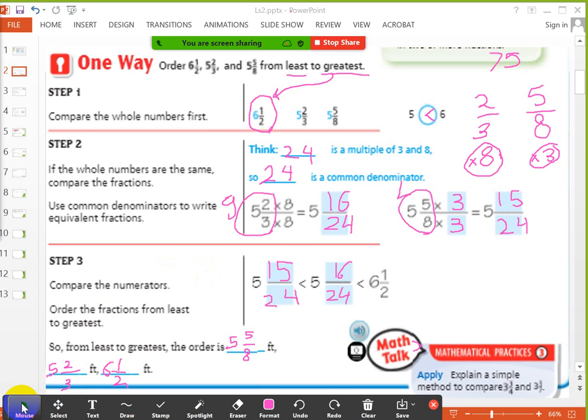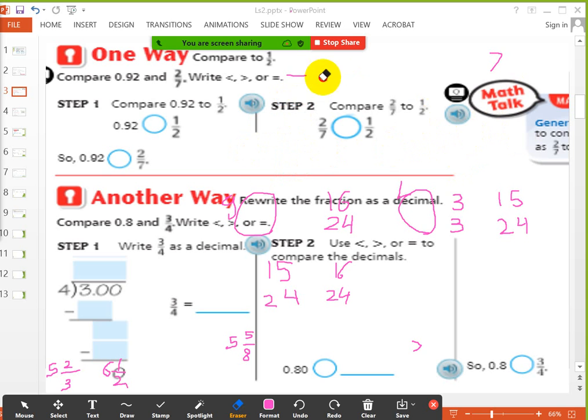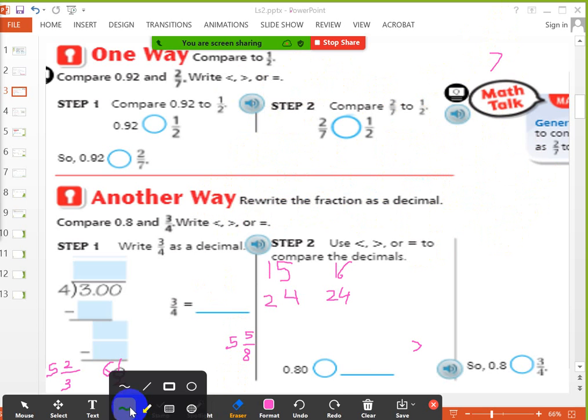Now let's move to the next example on page 76. In this example, I want to compare a decimal number and a fraction. Let's see how I will compare.